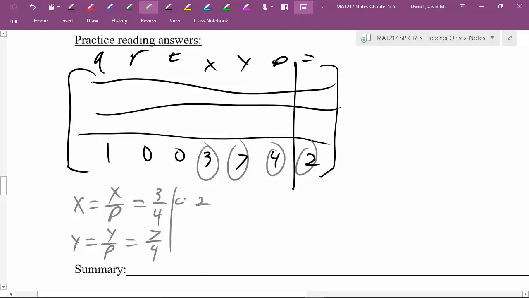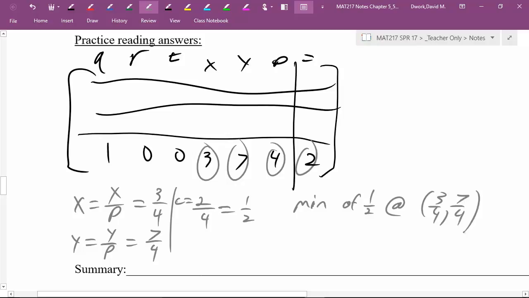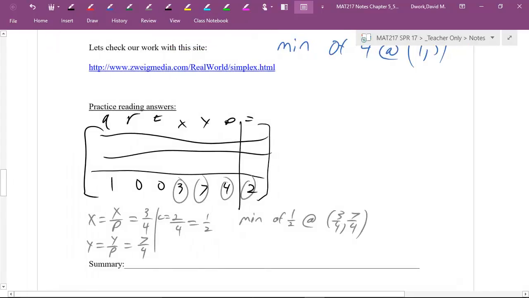So our c value would be 2 divided by 4, aka 1/2. All right, so our answer to this particular matrix would be a min of 1/2 at 3/4, 7/4.